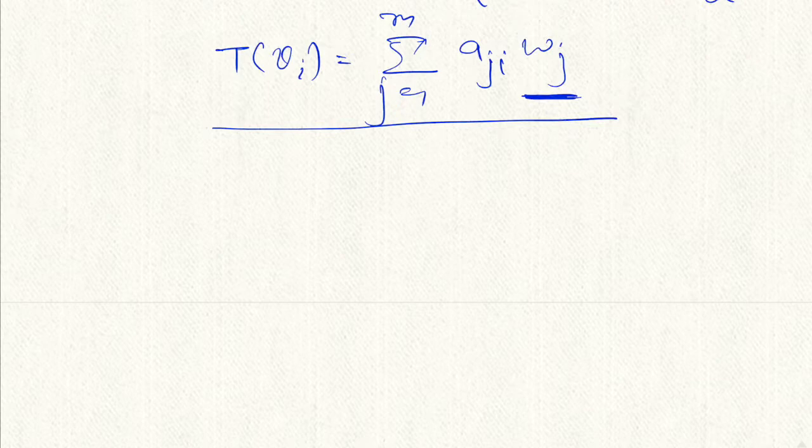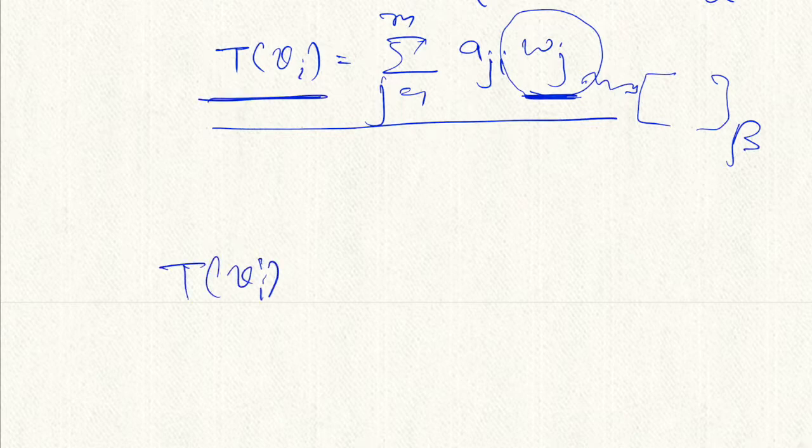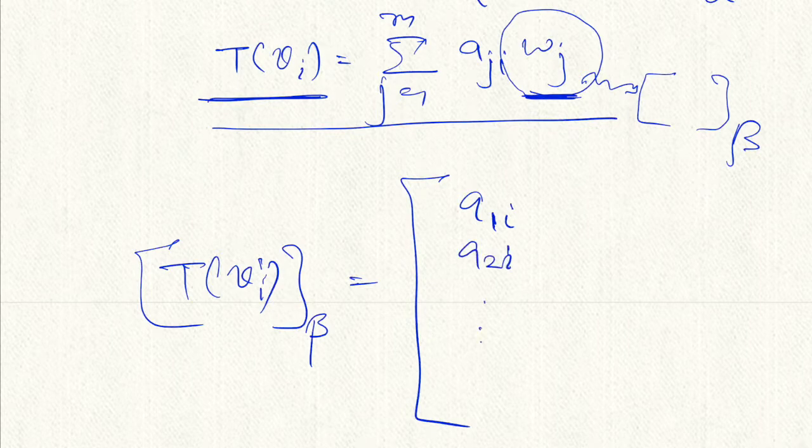So it is the coefficient of some vector with respect to basis beta. The presence of this wj indicates that it is the coordinate of something with respect to beta. But what is that something? Certainly this is T(vi). So if you take T(vi) and its coordinate with respect to beta, then it will be a1i, a2i, ..., ami.